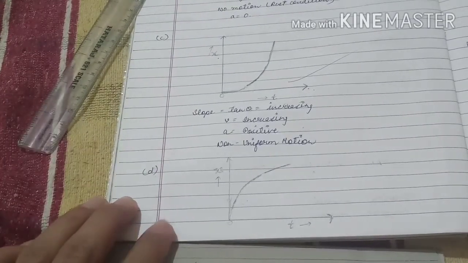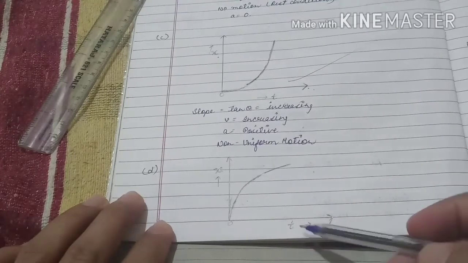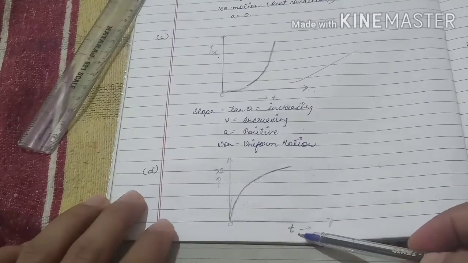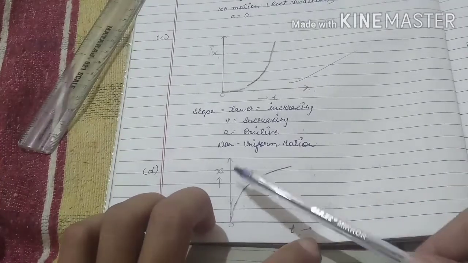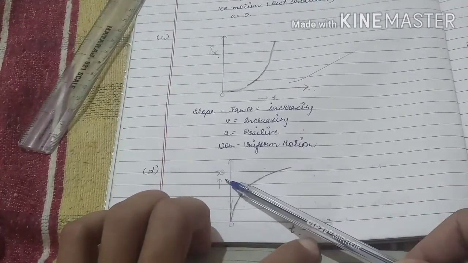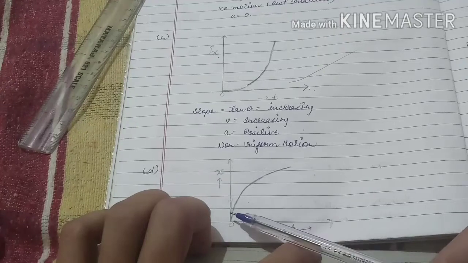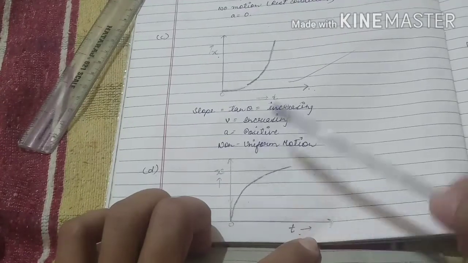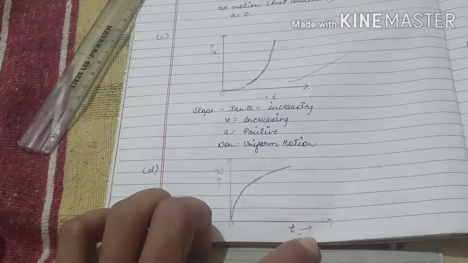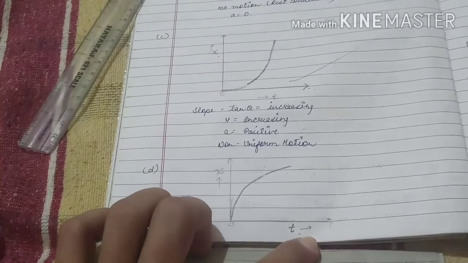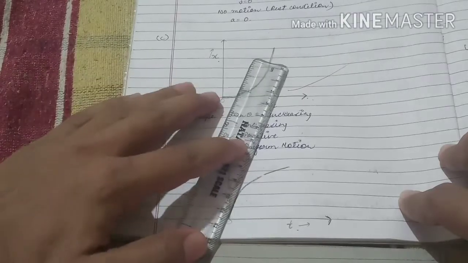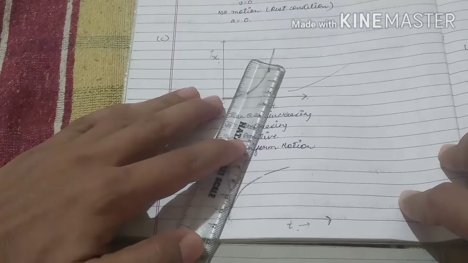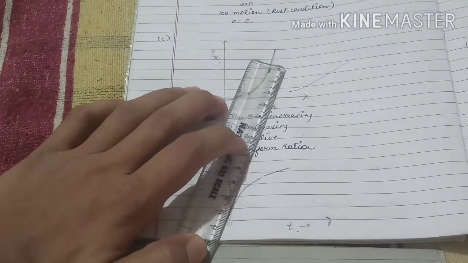Okay. In this graph, what you can see, this is the same time axis, and on the y-axis we have x, it is displacement. But in this case, this graph is opposite to the previous one. So in this graph, if we are going to draw a slope, this is the slope.